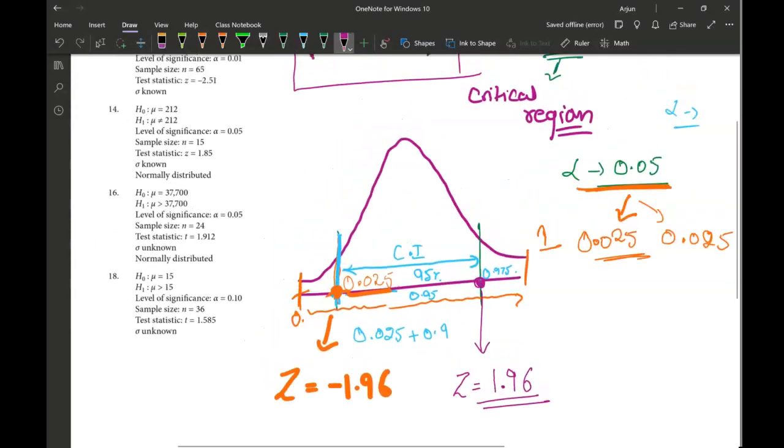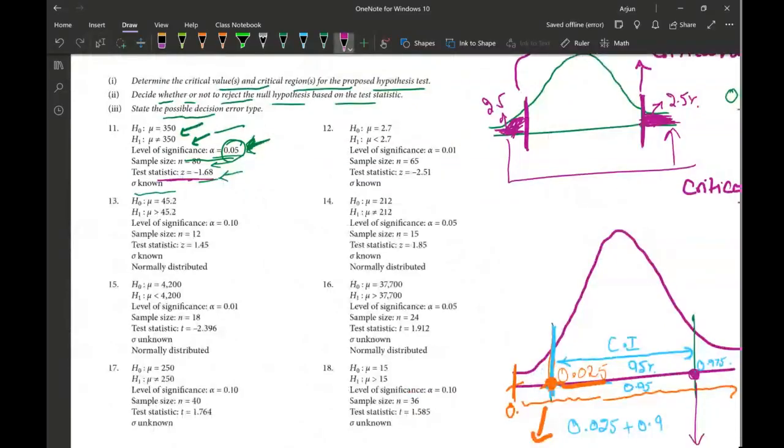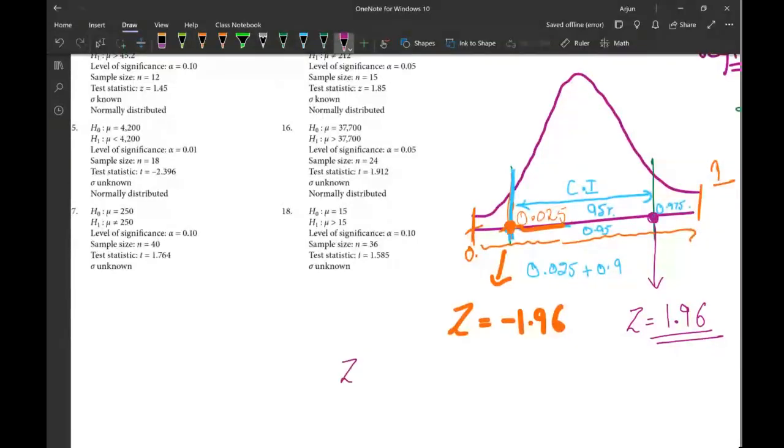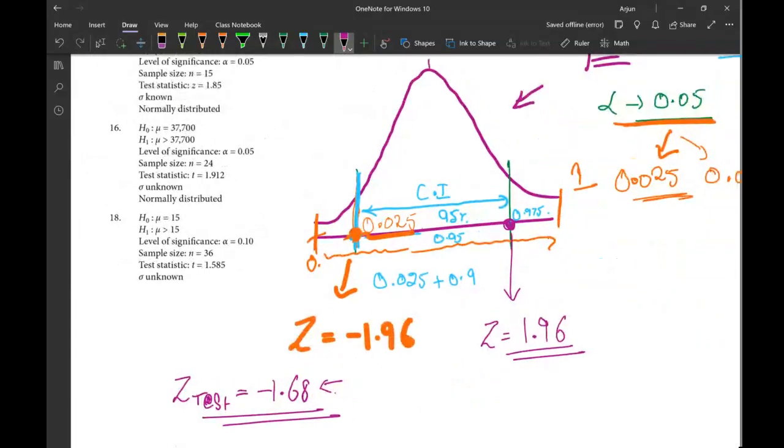Now we're going to see where the test statistic value lies. The z test is equal to negative 1.68. Where does this negative 1.68 lie on this graph? If you forgot, the z value right in the middle is 0.